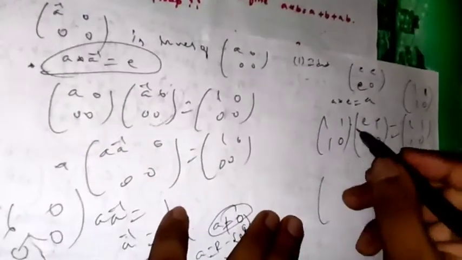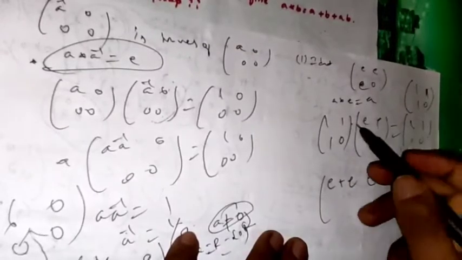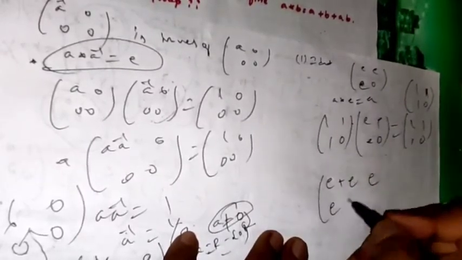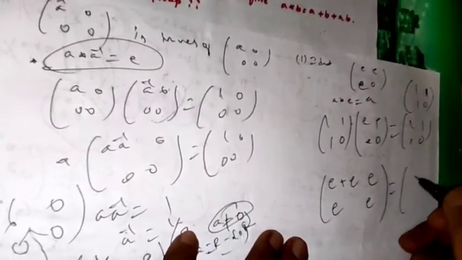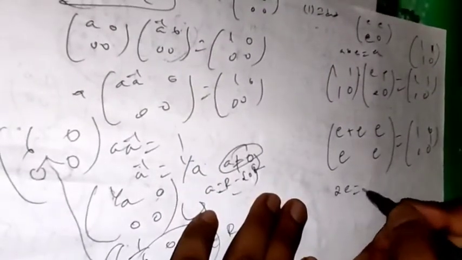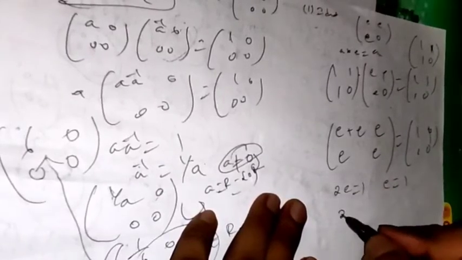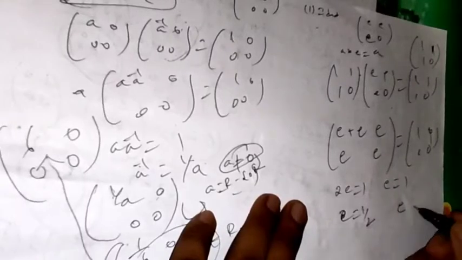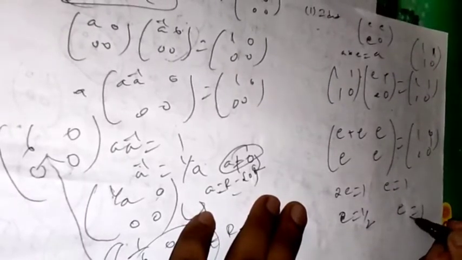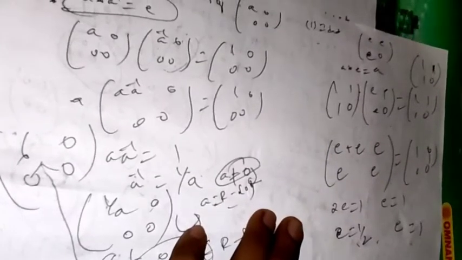Multiply this, what we get here? E plus E, 0 and E, 0. This is equal to 1, 1, 1, 0. That means 2E is equal to 1 and E is equal to 1 by 2.